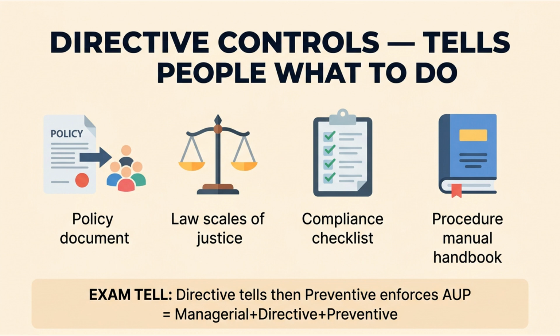A procedure tells you to create a new firewall rule, you must get approval from the security architect. Directive controls direct behavior. They are almost always managerial by implementation because they are documents telling people what to do. Directive plus preventive is very common. AUP is directive and preventive.